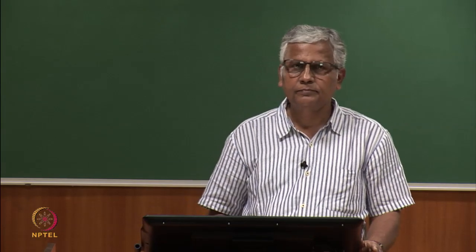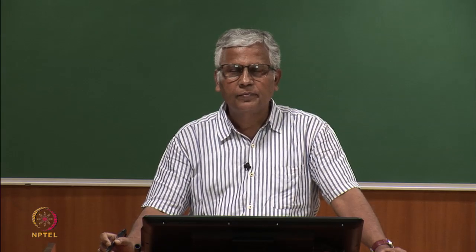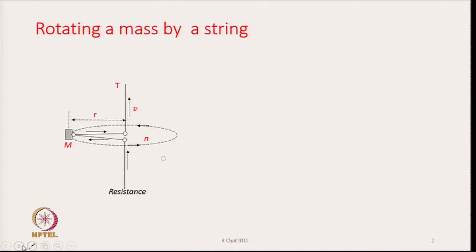So, we start with a system that consists of a rotating mass which is tied by a string. We can see in the diagram that the mass is m and there is a string, and the mass is rotating following a circular path. The string is passing through guides as shown here.